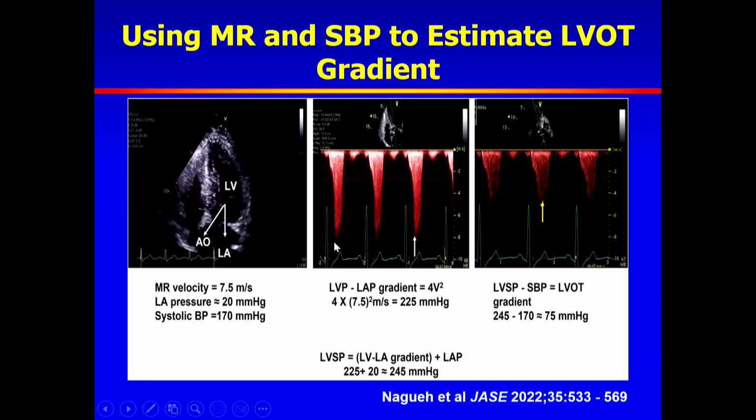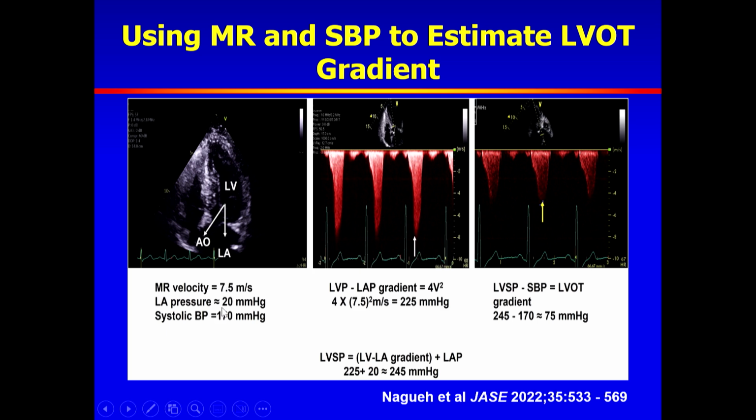I'll take you through a process that you can all do that helps you be more comfortable with reporting what the actual peak gradient is. So this is a patient who has both the dynamic obstruction and the MR, and we said that's what you will usually see, and we have a peak MR velocity of 7.5 meters per second.